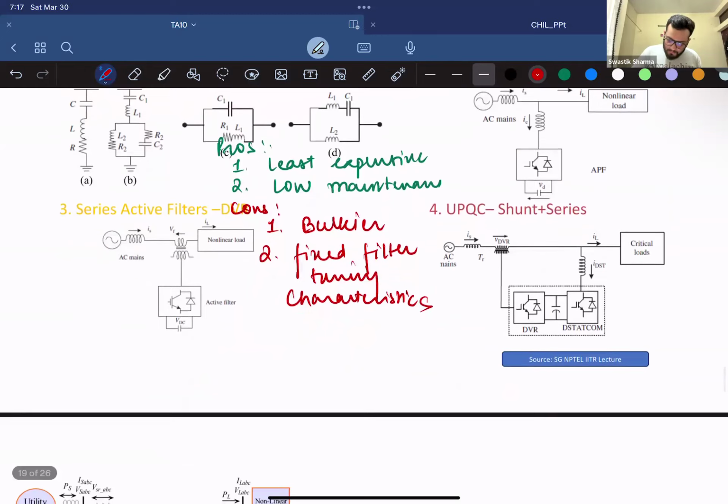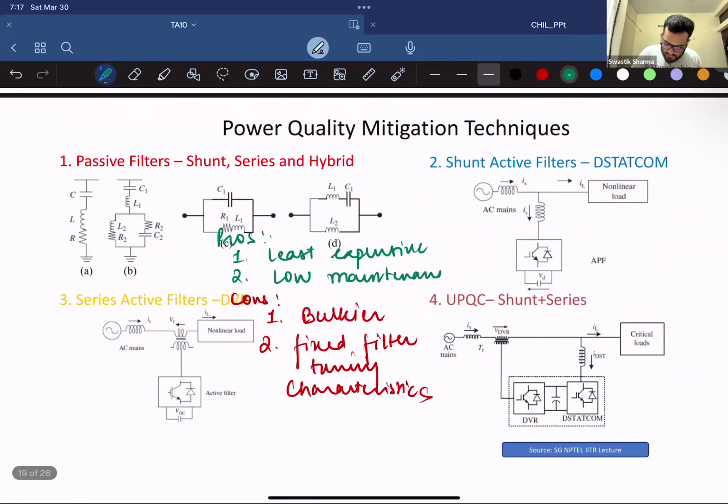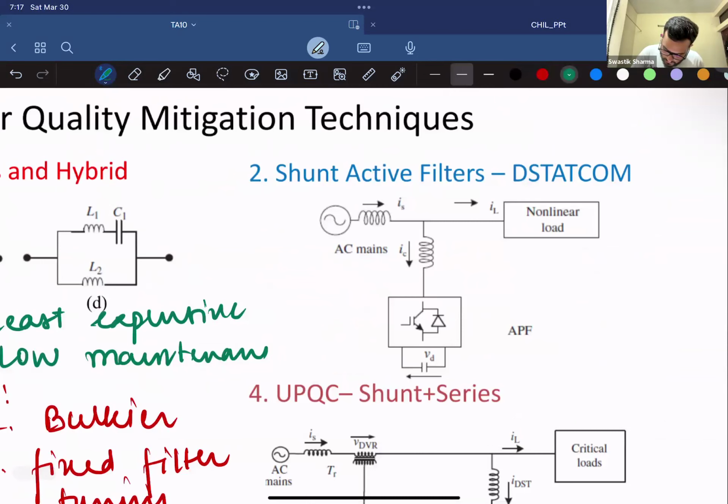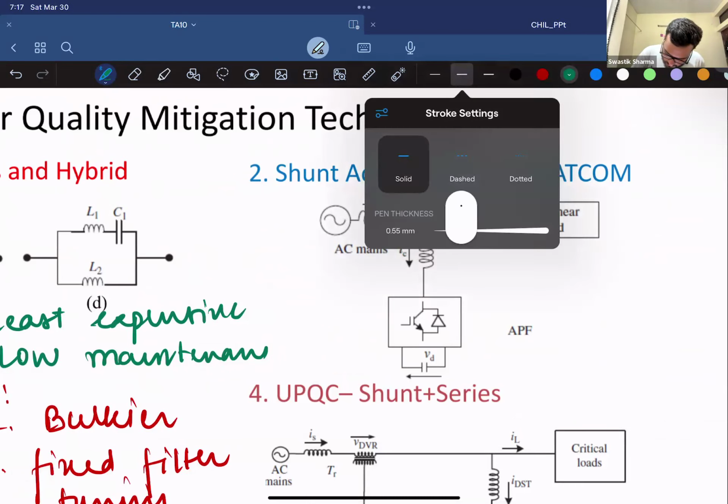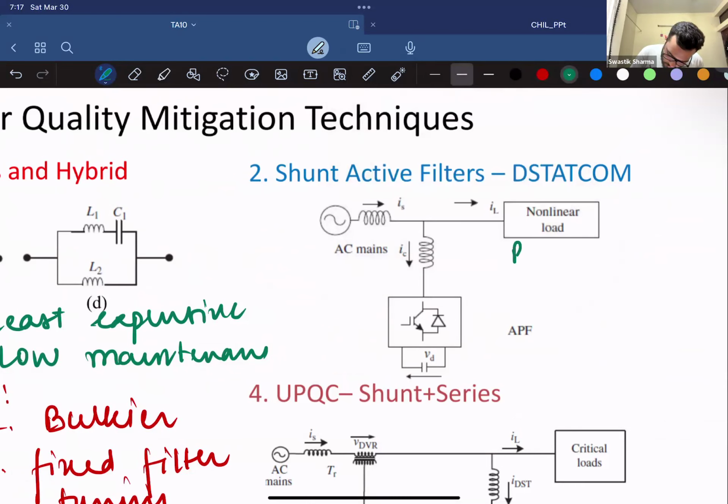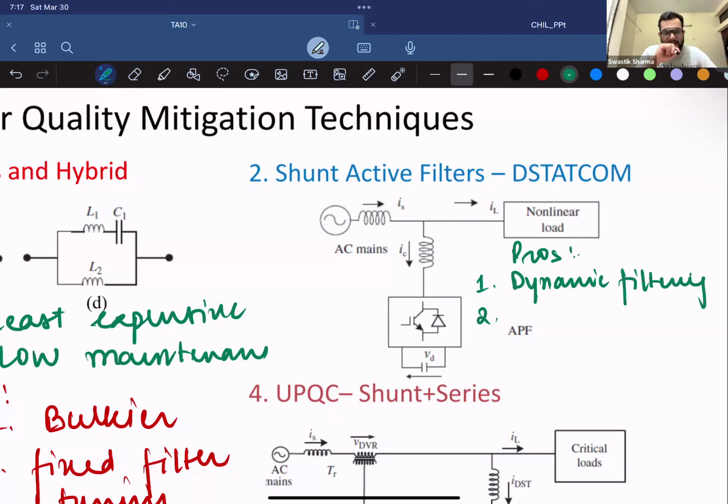Then come your shunt active filters. Let's talk about their pros. One thing they are better able to do is adapt to your changing requirements, so they have dynamic filtering. Second, they can eliminate a wide range of harmonics because they are dynamic in nature.